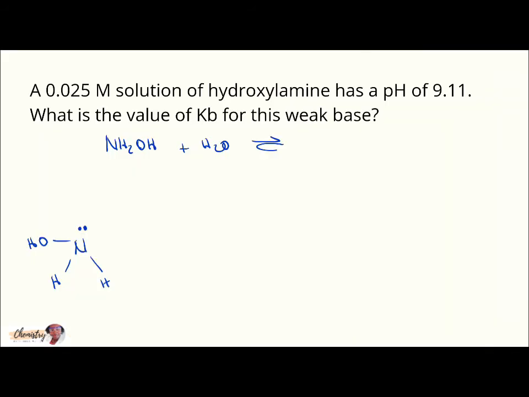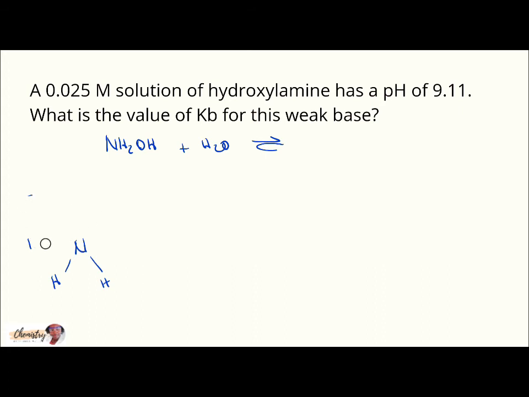Amines are derived from ammonia. Whenever we have an amine acting as a base, it means that this amine is going to gain a hydrogen, and that hydrogen is always added to the nitrogen. Because this hydrogen is a proton, and protons have a positive charge, this compound also has a positive charge.